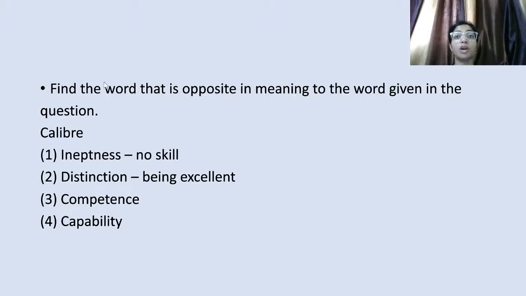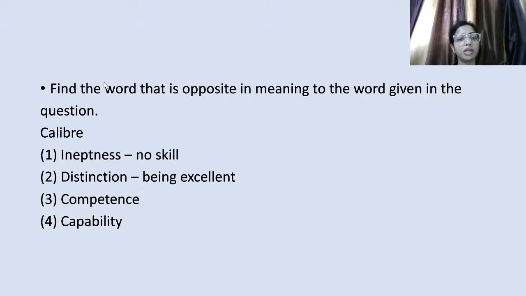It means the event was not handled well. It clearly shows that she had no relevant skill for it. So it was a demonstration of ineptness.